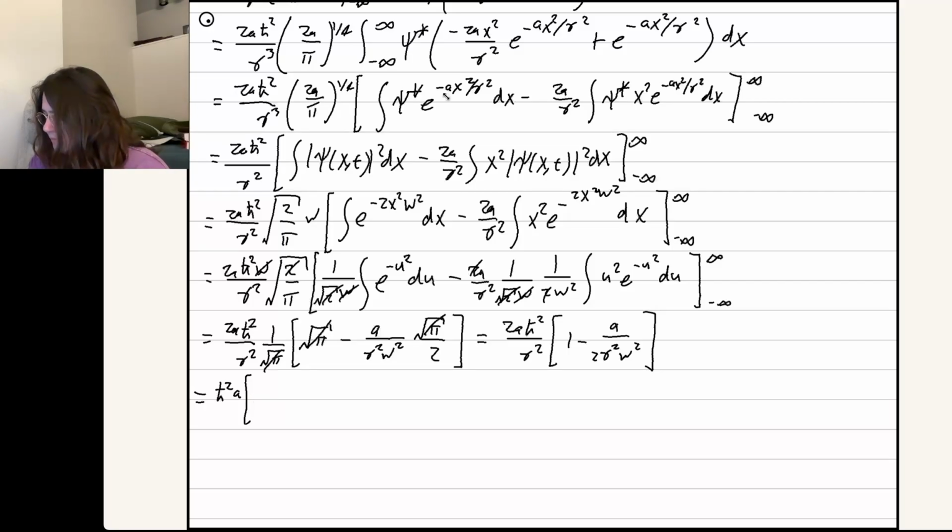And then a lot of this now is just going to be algebra, because I'm going to prove that this quantity that I'm writing out right now is just going to end up being 1. So it's going to be a over gamma squared w, or gamma fourth w squared.